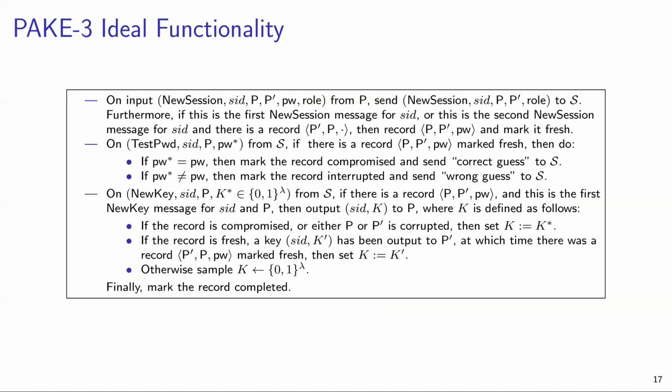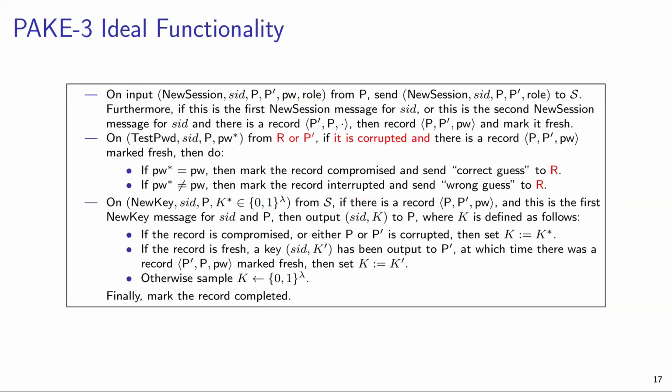With this model, we only needed to slightly tweak the PAKE ideal functionality to include correctness. We just need to make test password queries come from a corrupted party instead of from the simulator. That way, if nobody's corrupted, the simulator can't use test password to interrupt the session. And so the trivial PAKE doesn't satisfy the definition.